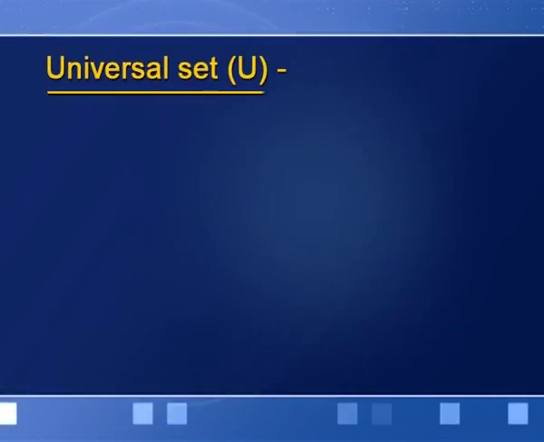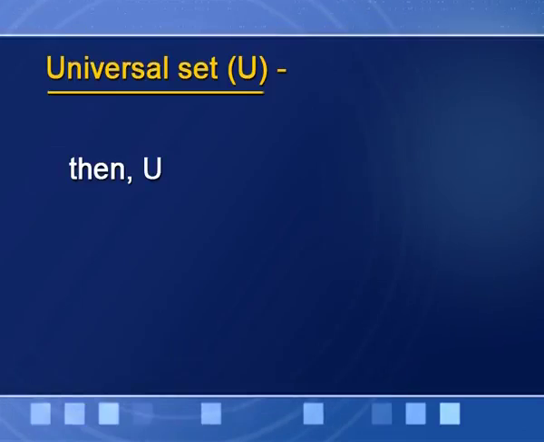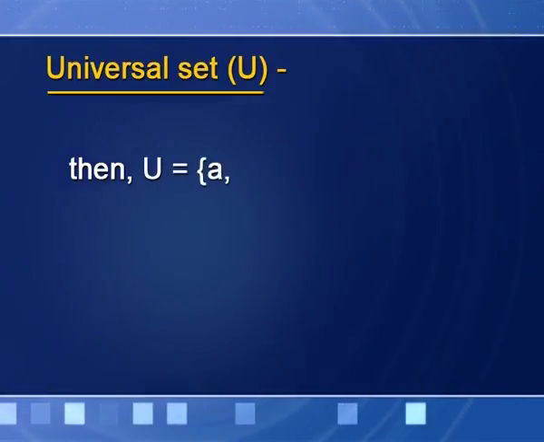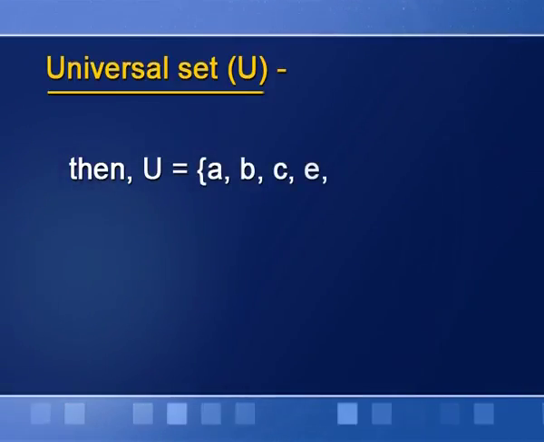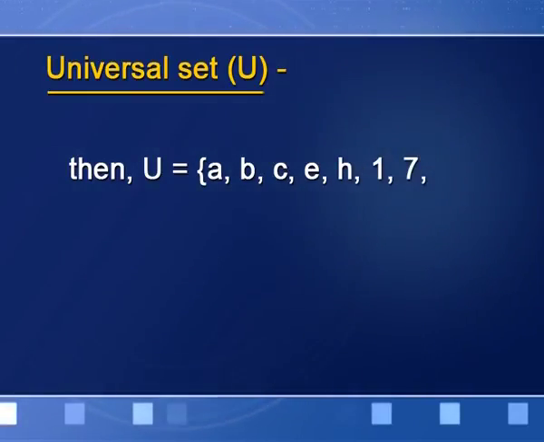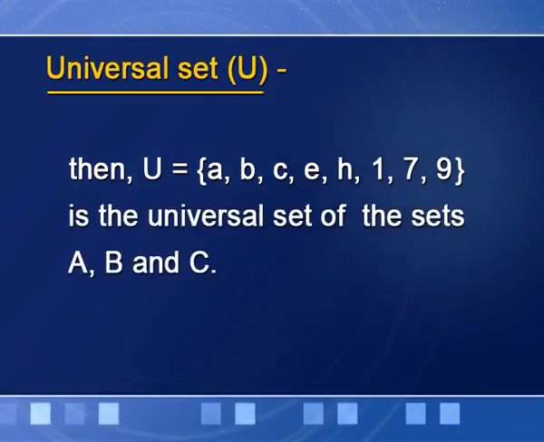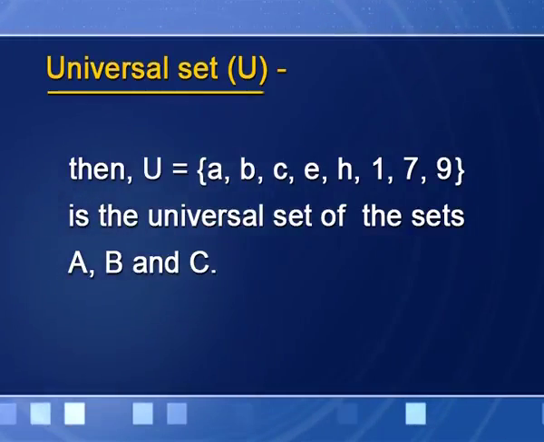So we should have a set which contains all the elements of these three sets. If we represent this universal set by U, this set will include the elements a, b, c, e, h, 1, 7, 9. So a universal set contains all the elements of a given number of sets.